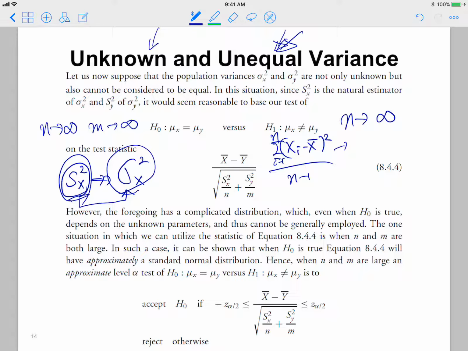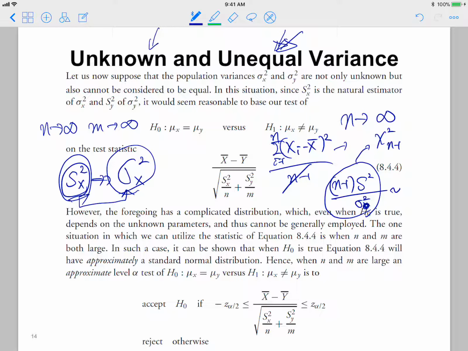I'm doing really the same thing over and over, but n minus 1 times s squared divided by sigma squared, the true value, will follow what? It will follow a chi-square distribution with the degree of freedom of n minus 1.